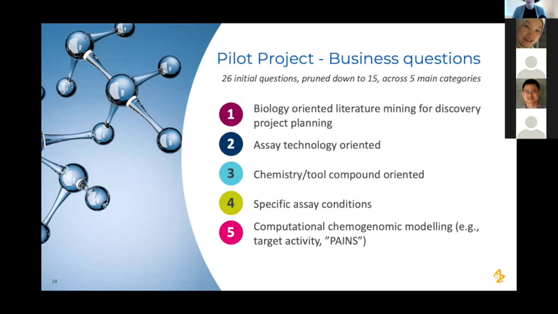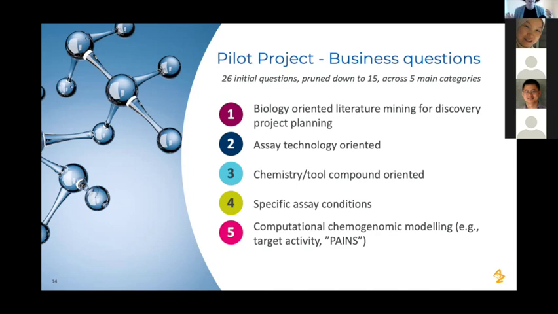They narrowed those down to 5 categories of questions that comprise about 15 separate questions. And it was things like around the biology. So a question like, I have a new HDAC inhibitor project, and I want to find all the papers that describe the functional assays for measuring inhibition and use reporter gene assays, but I don't want them to be luciferase-based.